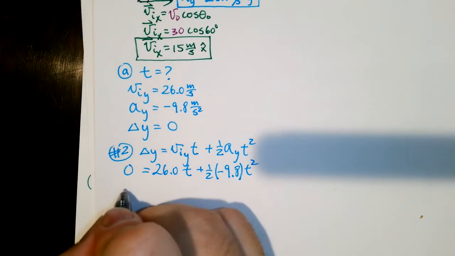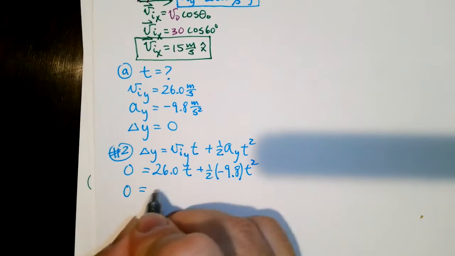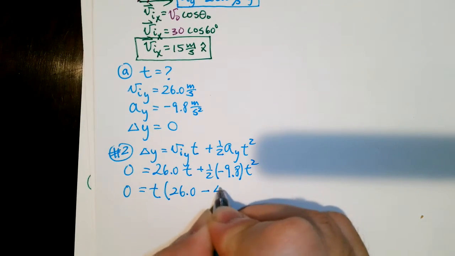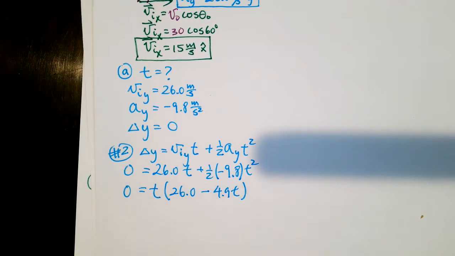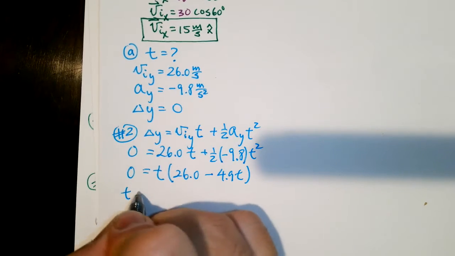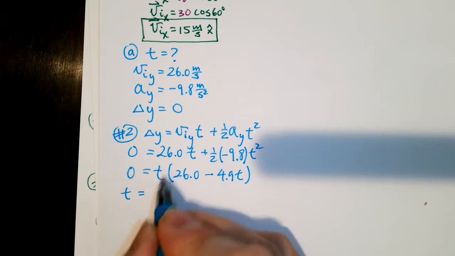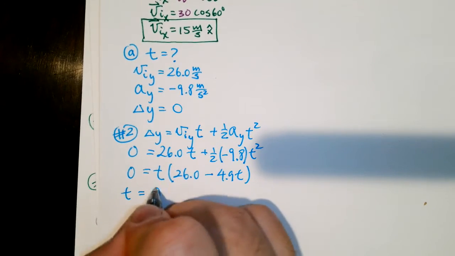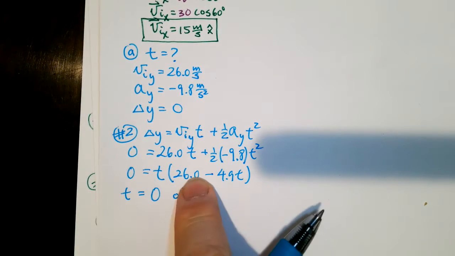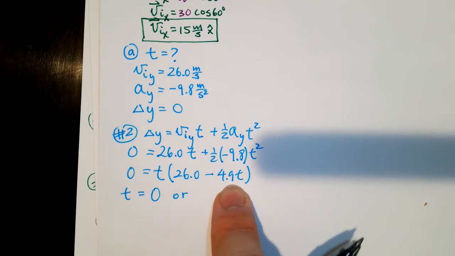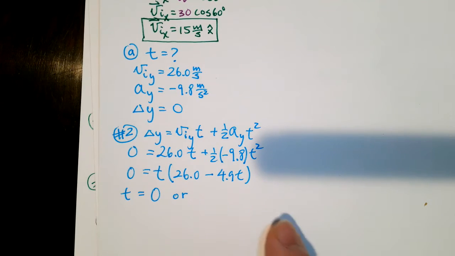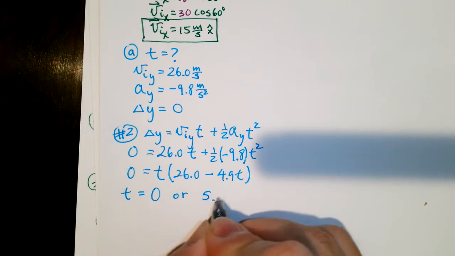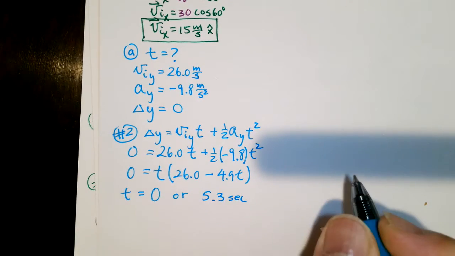To solve for t, I'm going to factor out a t: 0 is equal to t times (26.0 minus 4.9t). So t is either equal to 0, or negative 26 over negative 4.9, which comes out to 5.3 seconds.